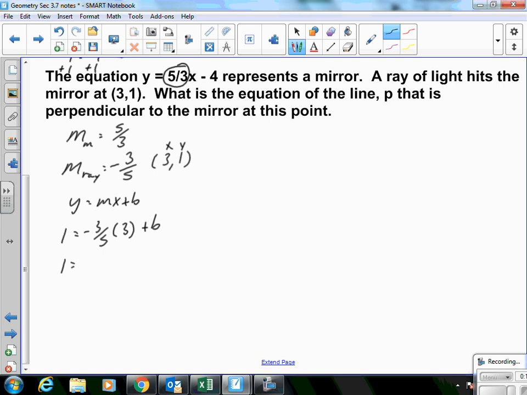So 1 is going to equal -9/5 plus the b value. And then we're going to add the 9/5 to both sides to get b by itself, which 1 in terms of fifths would be the same thing as 5/5, right? So 5/5 plus 9/5 will be 14/5 to be our b value.